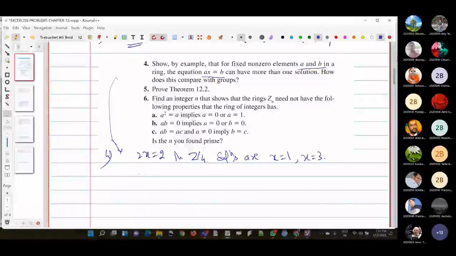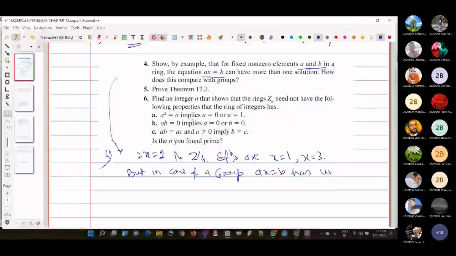But in the case of a group, when they are talking about a group, it means they are talking about a group under multiplication. Okay. In the case of a group, ax = b has a unique solution, and that is given by x = a inverse b.